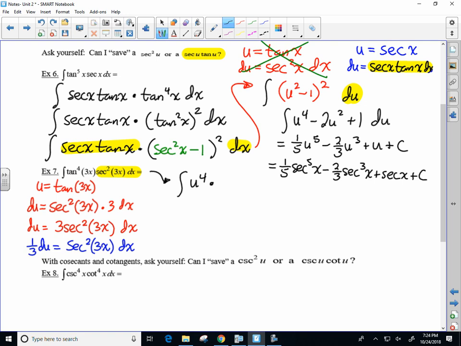And instead of secant squared of 3x times dx, it's really 1/3 du. So I'm going to write that as 1/3 u to the 4th du. So 1/15 u to the 5th plus c, with u being tangent of 3x. So tangent to the 5th of 3x plus c.